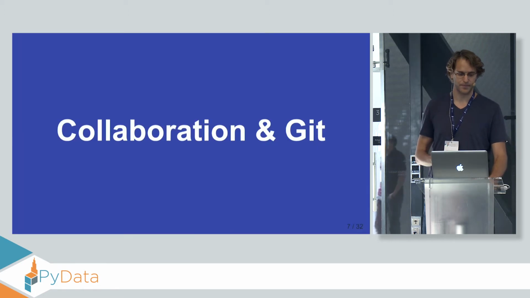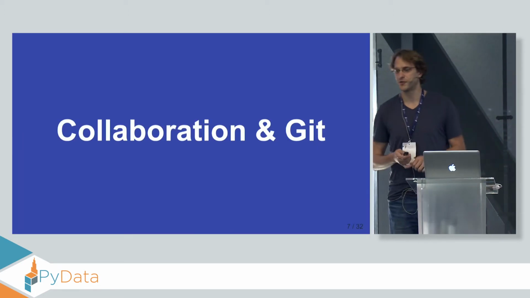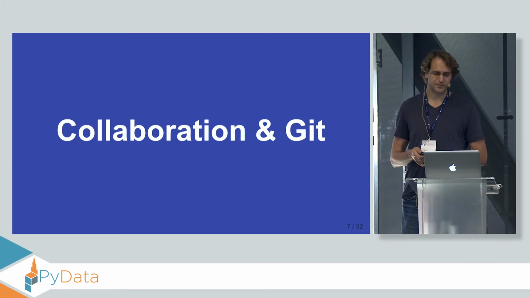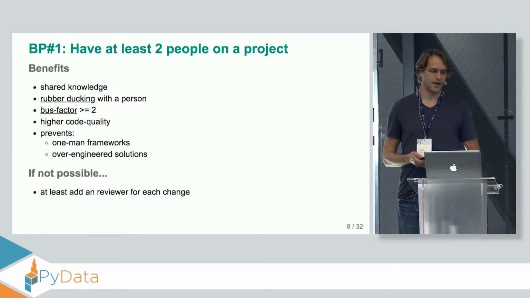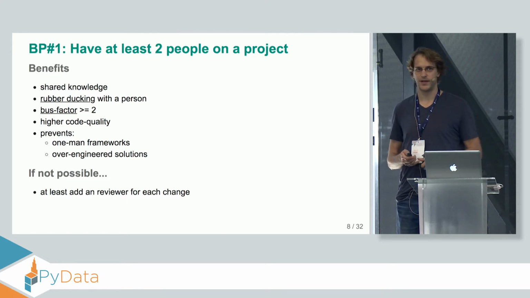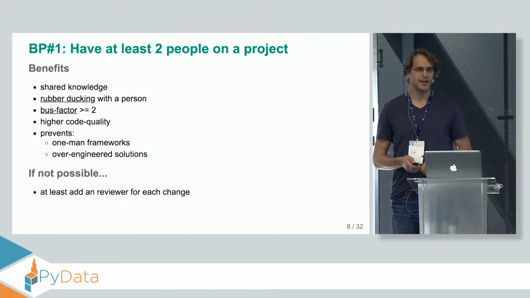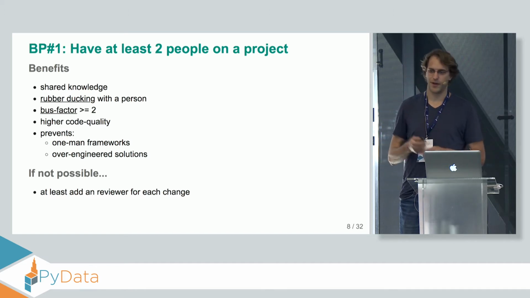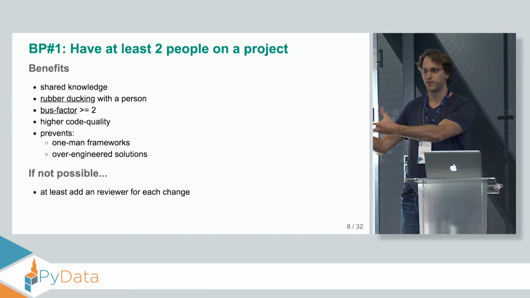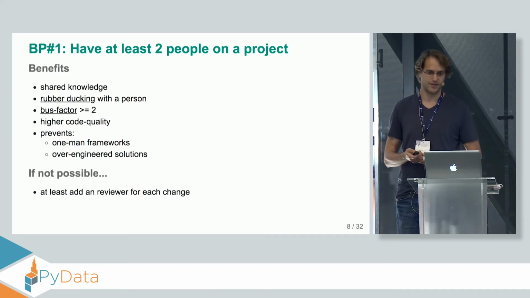Go this way. However, if you decide to build something, then the most important thing is how to collaborate and how to use Git. What I found is to have at least 2 people always on a project. It encourages shared knowledge. You can rubber duck with an actual person instead of a duck.